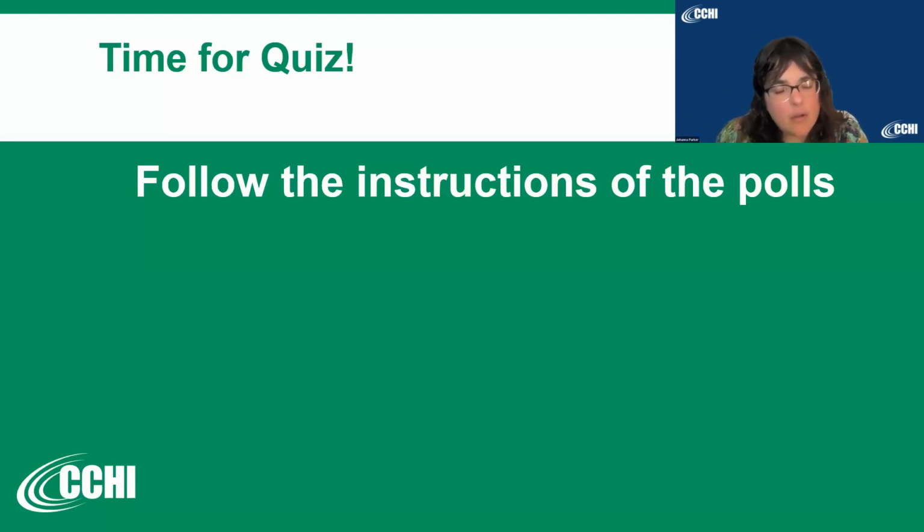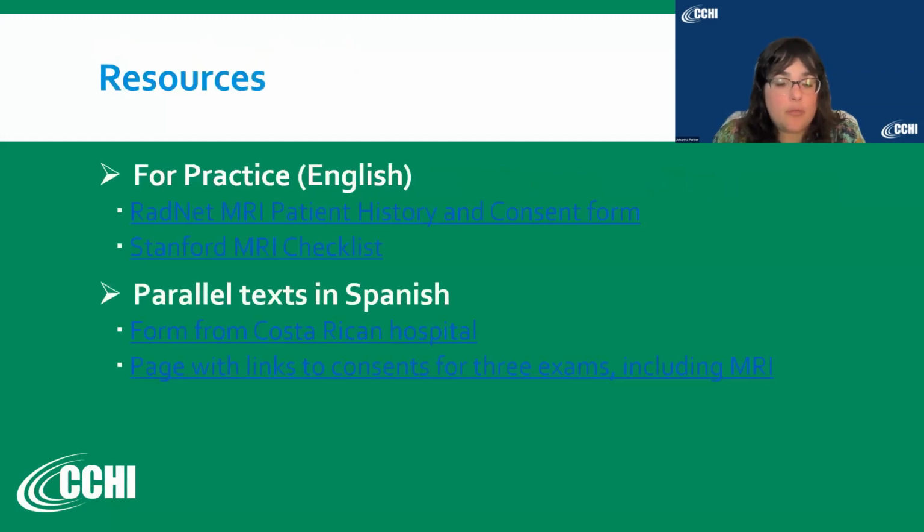And then finally, I always like to end any webinar, but especially a performance-based webinar, with resources for practice. In this case, I found some links in Spanish and in English about MRI that they could use for practice.